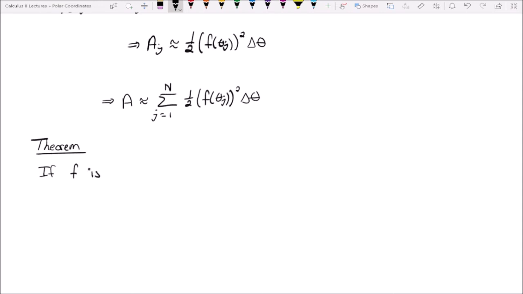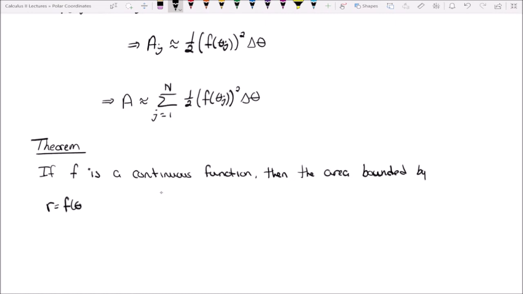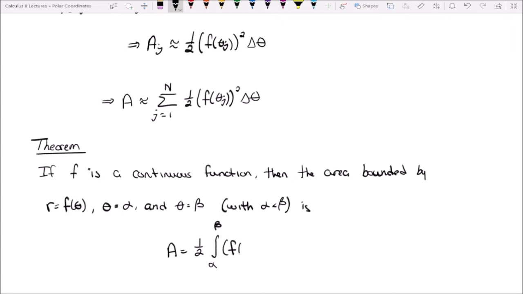If f is a continuous function, then the area bounded by r equals f of theta, theta equals alpha, and theta equals beta, with alpha less than beta, is 1/2 the integral from alpha to beta of f of theta squared d theta.